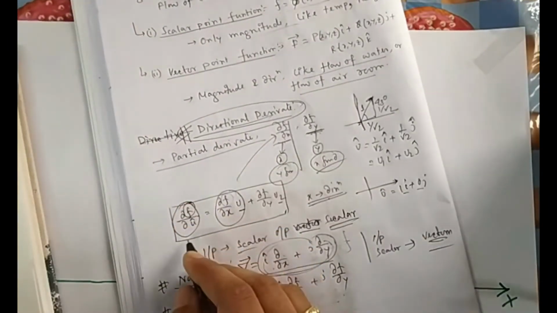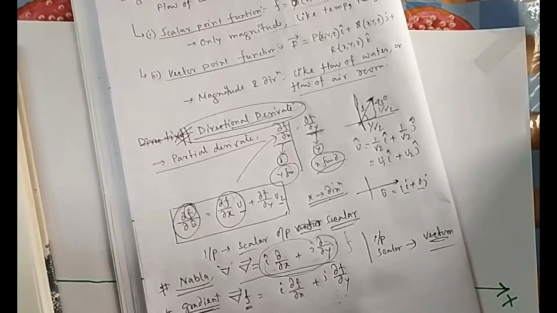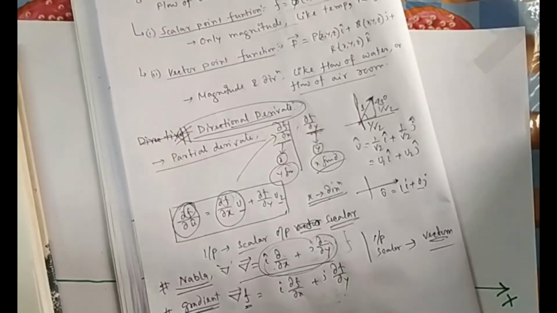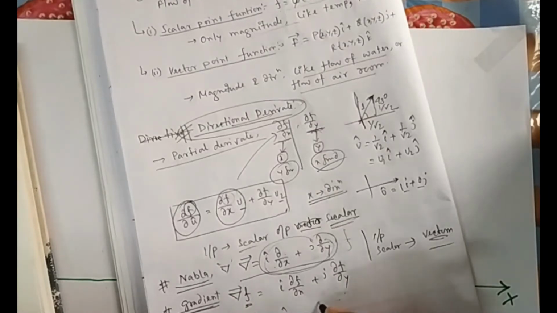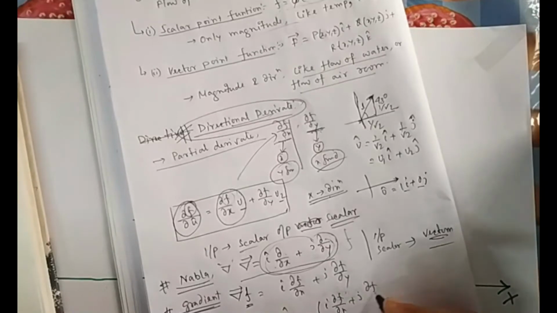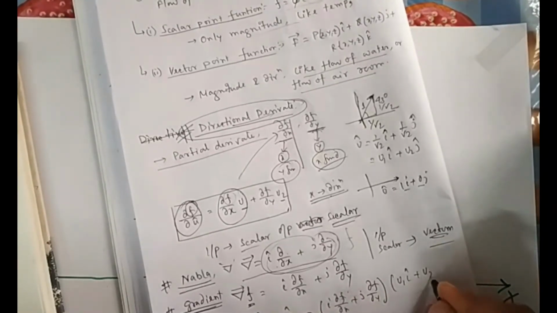Del f by del u is my partial derivative. Now if I want to write it in this fashion, can I write it as the gradient of f dot product u cap? You know the dot product: del f by del x i cap, del f by del y j cap, dotted with u1 i cap, u2 j cap.